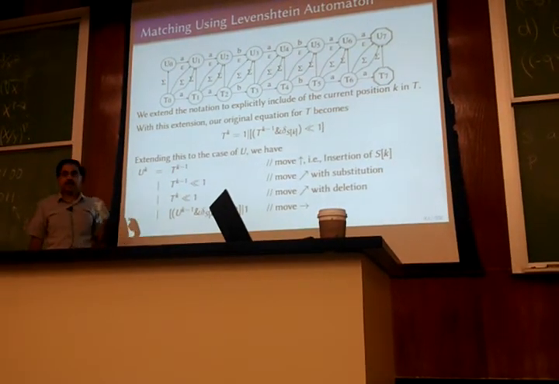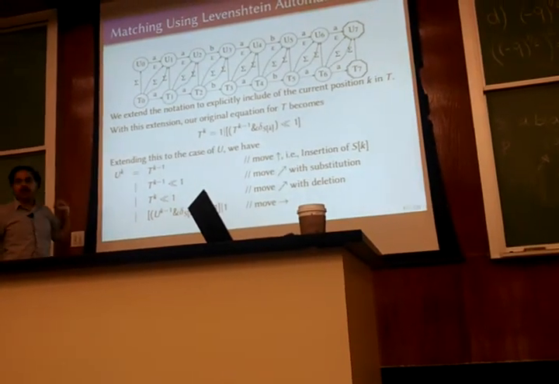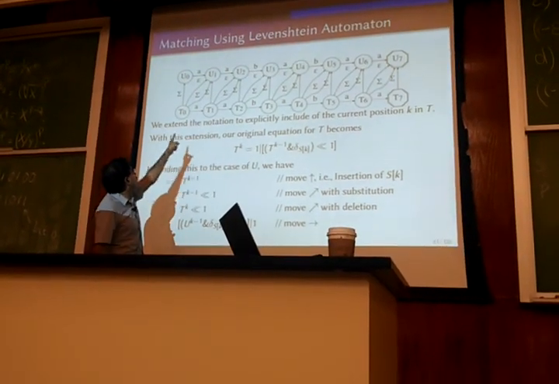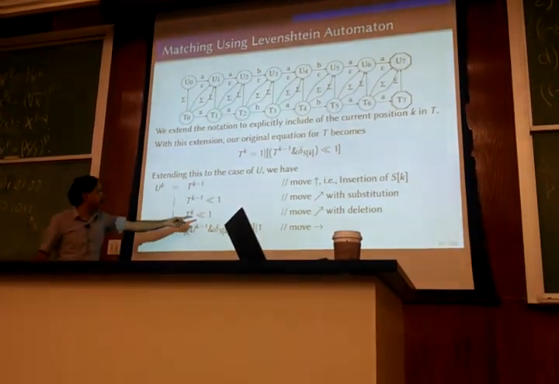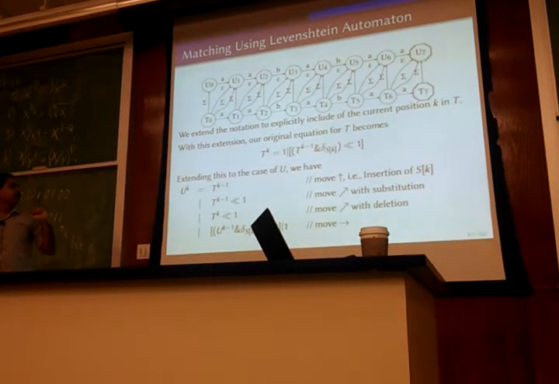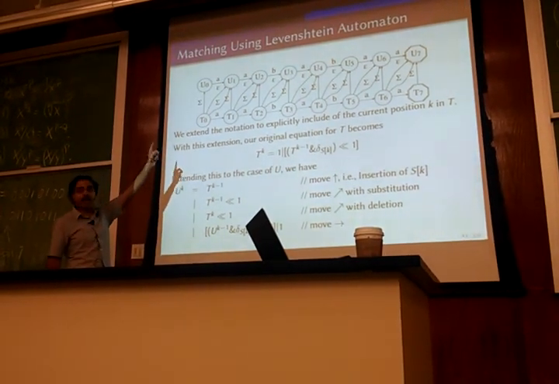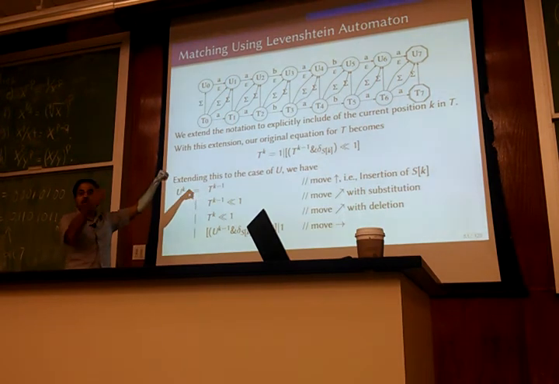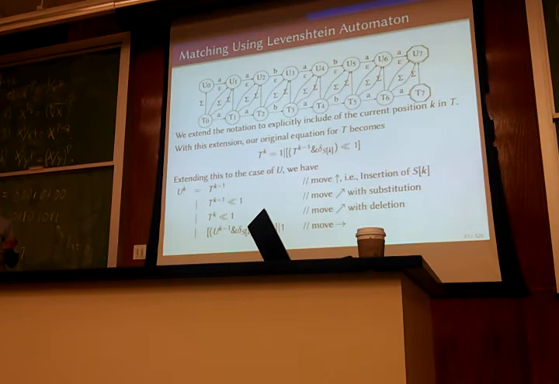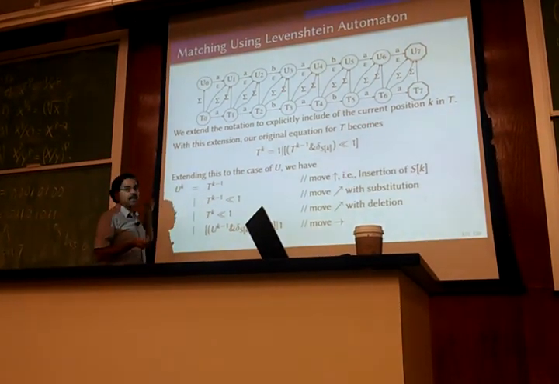The other one is an epsilon transition, which means you are not consuming anything. That's why you go from T^K to U^K. But the tokens are always advancing, so they are always going across. The tokens in both cases have to be shifted to the left by 1. The superscript has to be advanced only in the case where you are matching against sigma, because that says you have matched one more character from S. Whereas in the epsilon transition, you haven't taken anything from the string, and so you go from T^K to U^K.